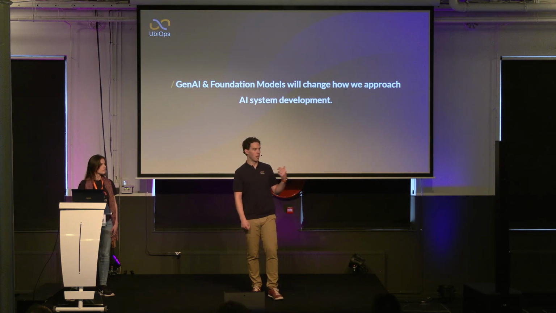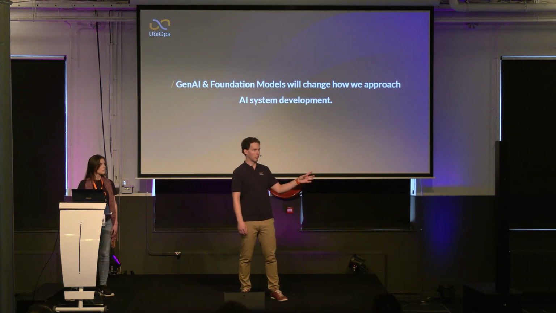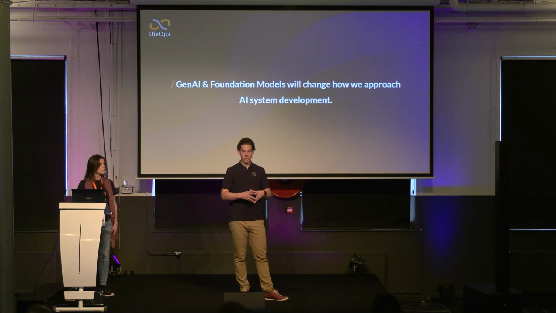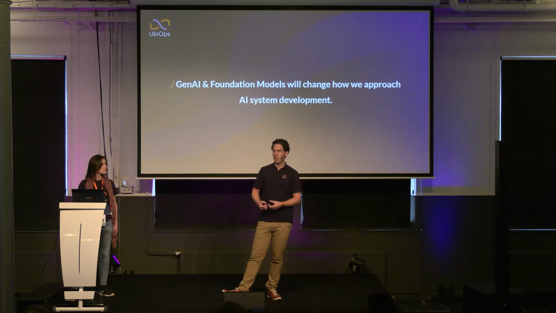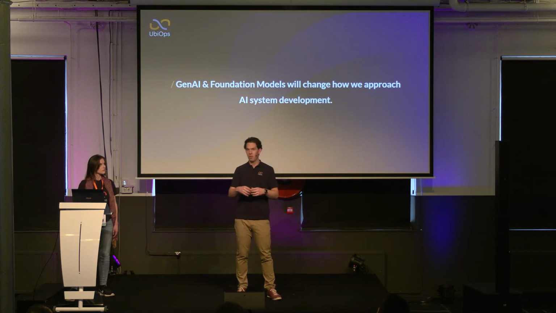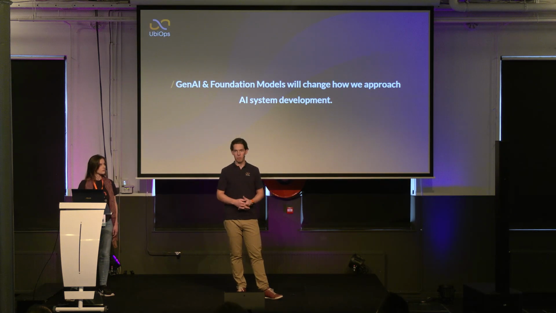You can take a model off the shelf, get it from a model hub like Hugging Face, and run it, and suddenly you have a chatbot, something that generates content for you, an image generator. It provides so many capabilities out of the box that you can basically skip the whole step of experimentation, data pre-processing and feature engineering, because these models are so powerful and large that you can implement them without touching them.